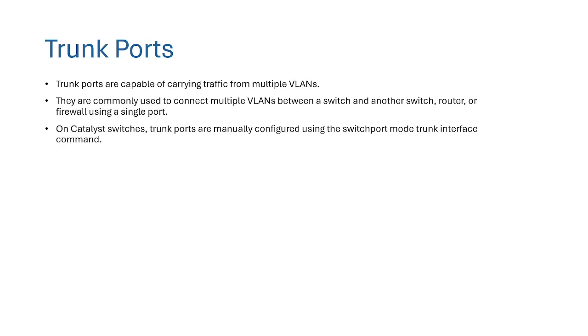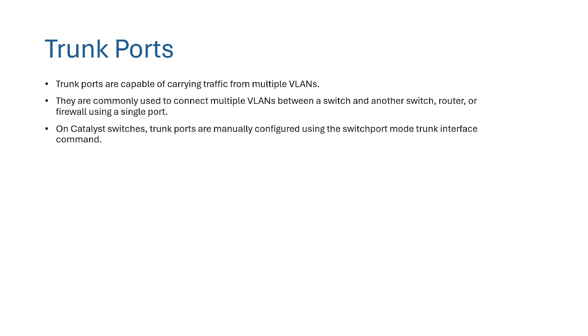We discussed access ports, where end hosts like servers are connected on a single switch. Consider an enterprise network where you will obviously have more than one switch, and you need to manage the traffic across multiple VLANs between the switches. How do I do it? That can be achieved through trunk ports.